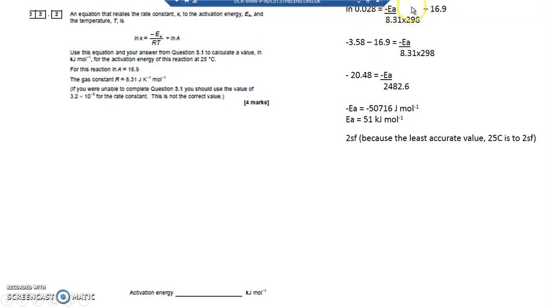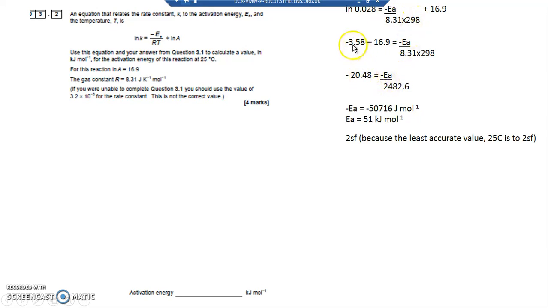So in terms of maths, the first thing I've got to do is work out ln 0.028, which works out at minus 3.58. I take the add 16.9 from the right hand side across the equal sign, it becomes minus 16.9 equals minus EA over 8.31 times 298.